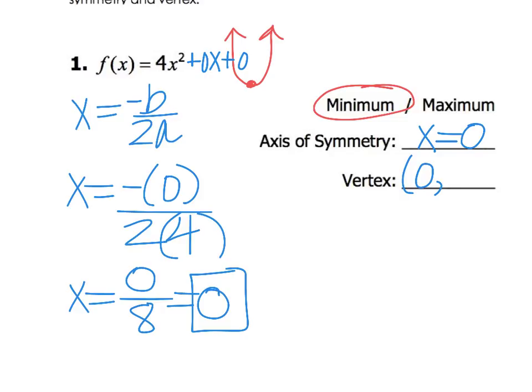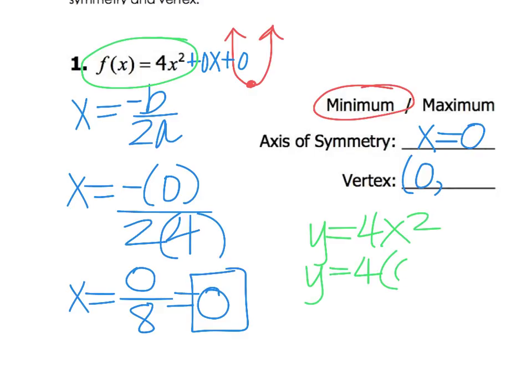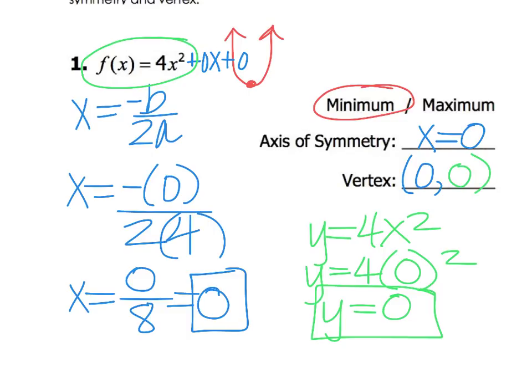So in order to do that, we want to take our original quadratic function, and plug 0 in for x. So we would say y equals 4x squared, and we plug in 0 for x. Now y equals 0. So the y value of our vertex is 0. So our vertex is 0, 0.